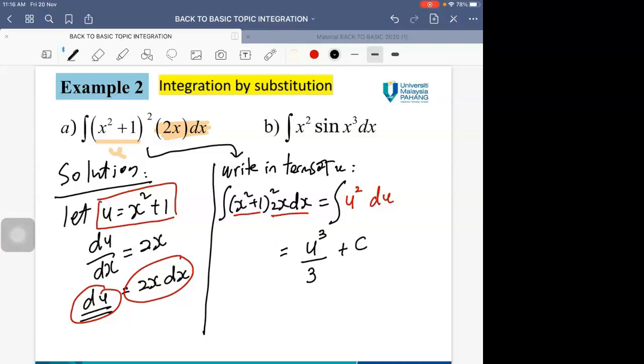But this is not our final answer because the question asks about x, not u. So kita kena ganti balik dekat sini. You must substitute back your u. The final answer should be x squared plus 1 power 3 over 3 plus c. So this should be your solution.